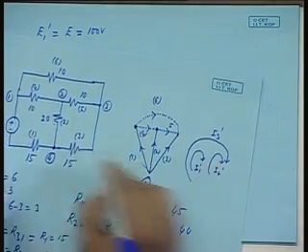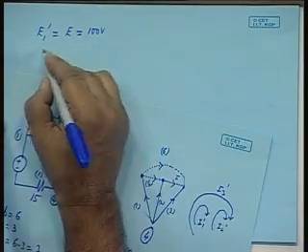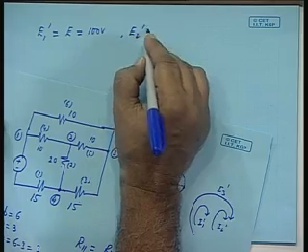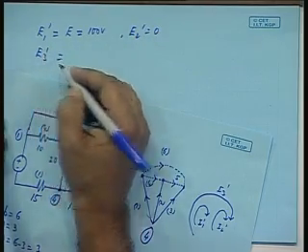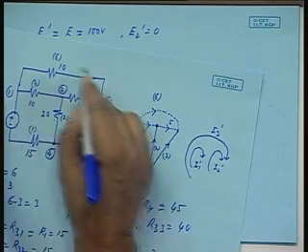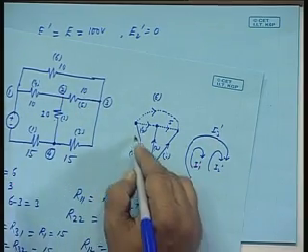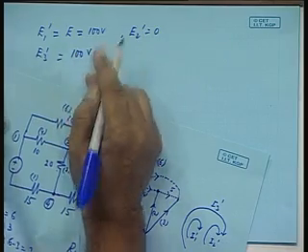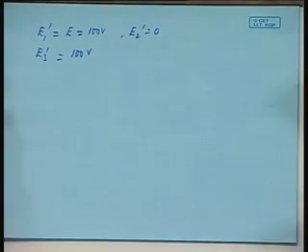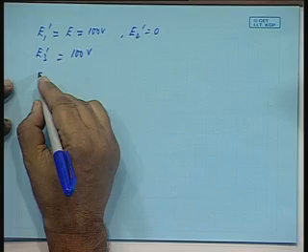In loop 2, there is no source voltage. So, E2 dashed is 0. In loop 3, again E3 dashed, the outer loop will contain this voltage. So, E3 dashed is also 100 volts. So, we get the equation like this.